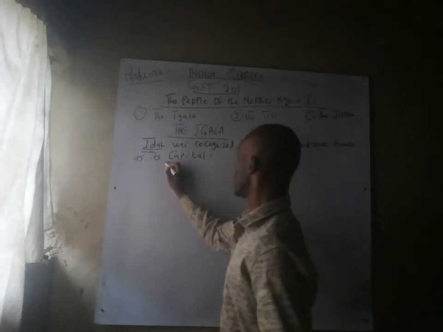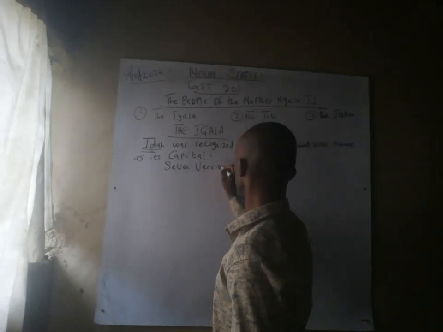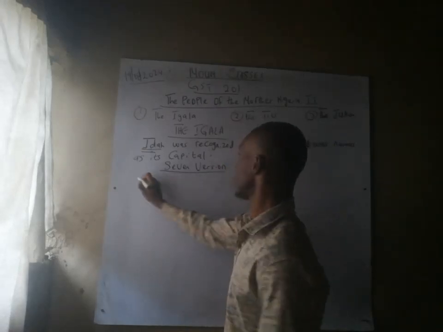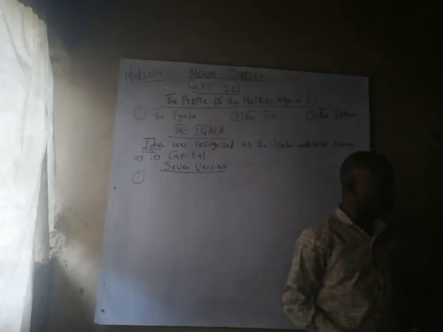Now the origins are divided into 7 versions. We have 7 versions of the Igala. The first one is what we refer to as the Abutu Eje version.